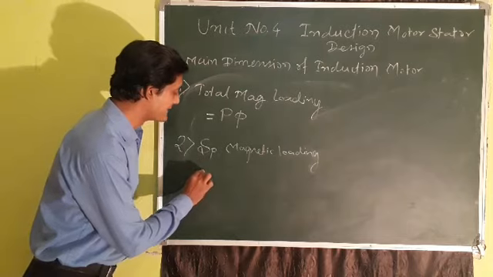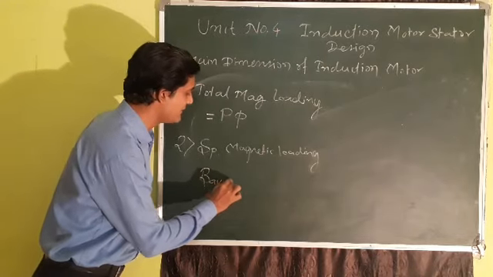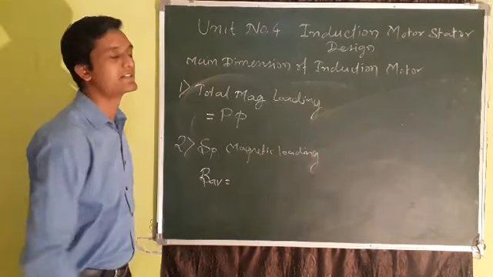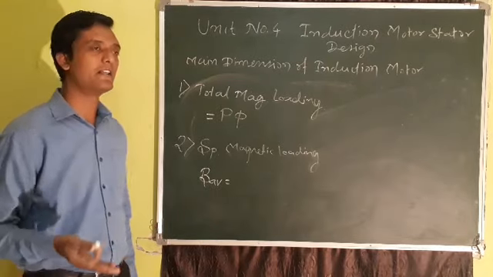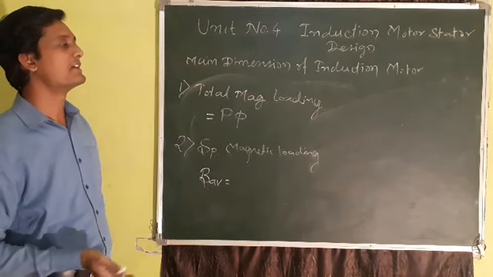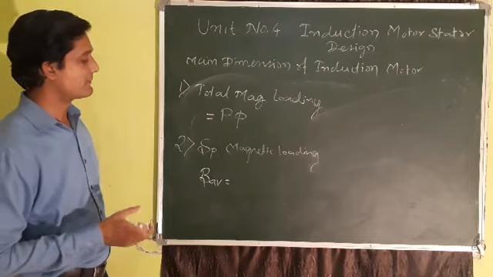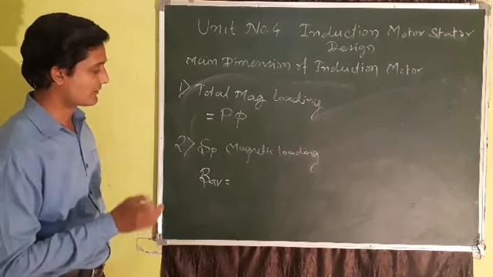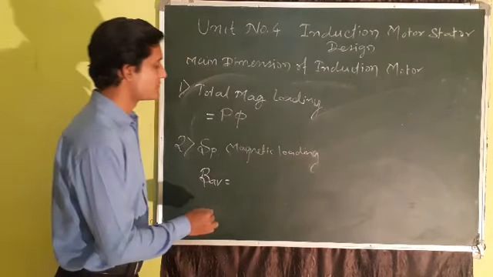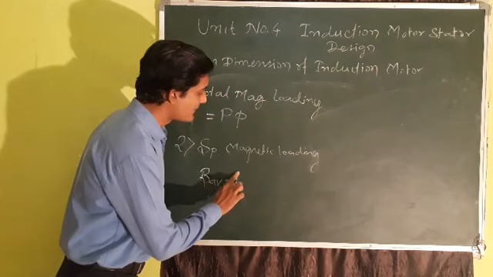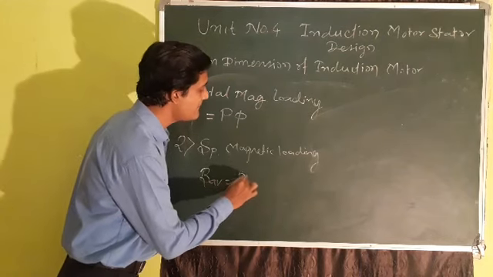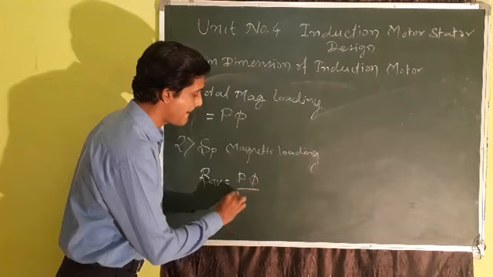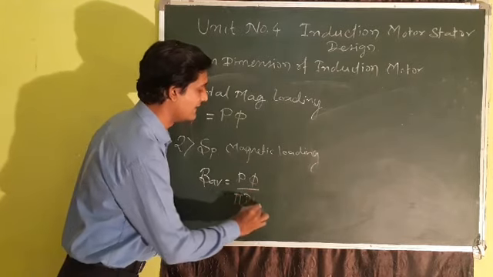It is denoted as BAV. So BAV is the average flux density. It is also defined as the ratio of total flux around the stator periphery divided by the area of the stator periphery. So it is represented as P phi divided by pi D L.